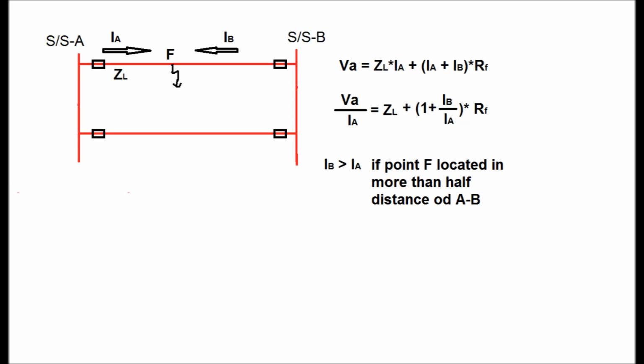IB by IA is called the infeed factor. Now if the fault point is located more than half of the distance, then IB should be greater than IA if the fault MVA of both substations is equal. Now if the fault point is located in zone 2, then this infeed will increase.